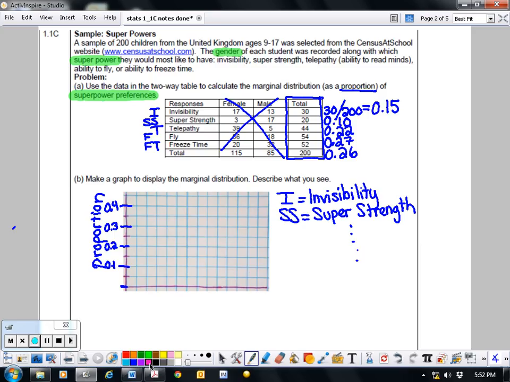And then I'm also going to make them different colors so it's a little bit easier. So here's my I, which was about 15%. So I draw my bar. And since I made it one width, everything else has to be that same width. So I'm going to go to my super strength, and it's 10%, or 0.1 as a proportion. And then I'm going to go to telepathy, which is 0.22.